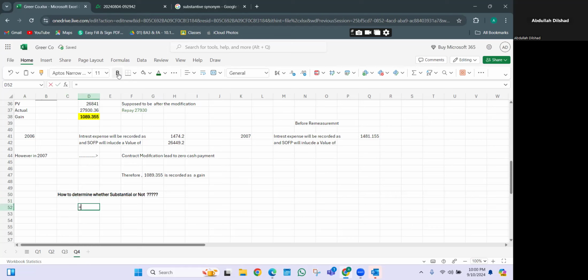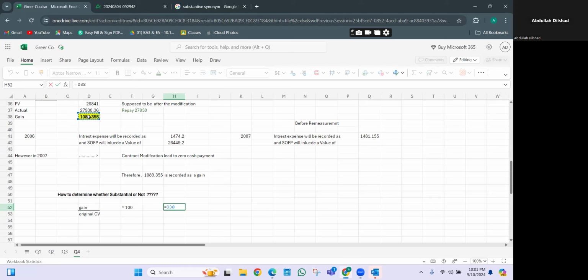You all found out this gain, right? This gain over the original carrying value into 100%. How much was my gain?